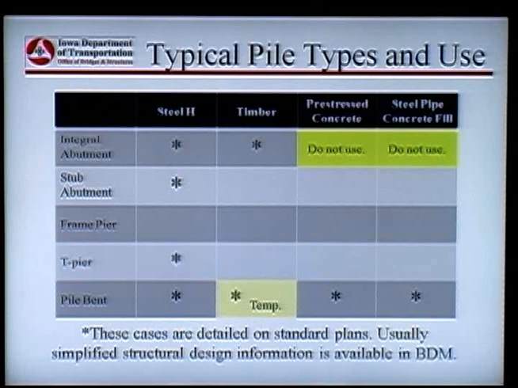So that's kind of been tried, and it doesn't look good. So we don't recommend it, and we don't recommend the steel pipe either. The only case where we would use a timber pile bent would be in a temporary condition. We would not use that in a permanent condition.